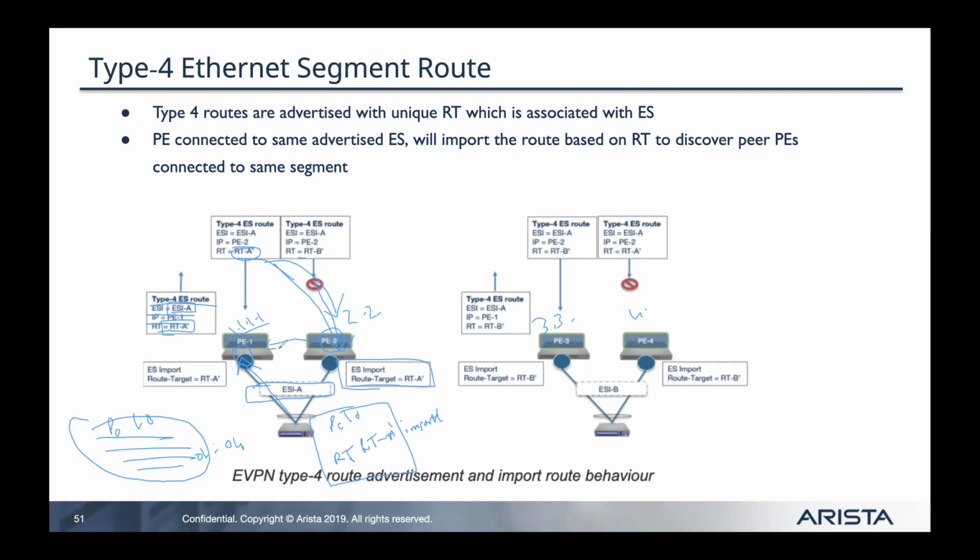VTAP 1111 is my neighbor, same as an MLAG pair. Whatever MAC I have learned through VTAP 1 through this Ethernet segment, I should also learn under this one. That's how it will update its MAC table. MAC sync will happen, and VTAP 2 will know who is my peer. Any question?